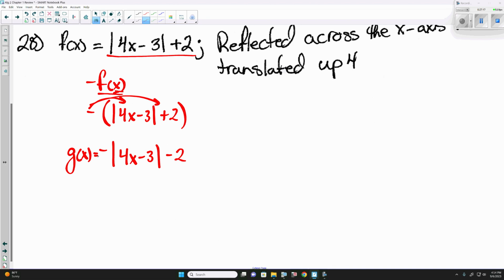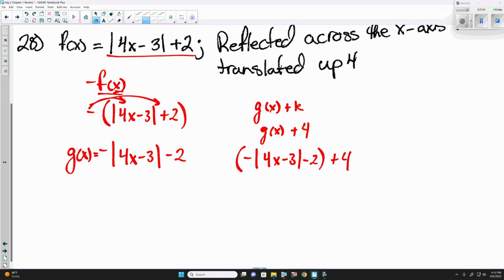Now the second part is to translate it up 4. So our up 4 would be g of x plus k. Now our k value in this case is 4, and it would be positive because we're going up. At this point here, we can replace g of x with what it's equal to, and we still have the plus 4.